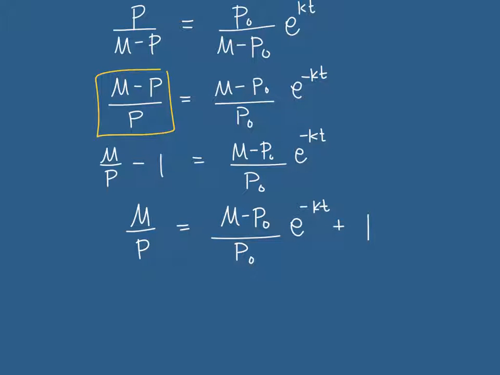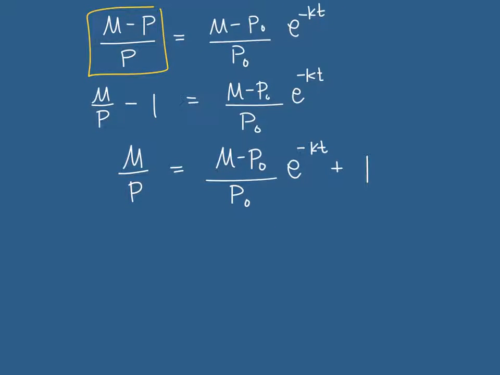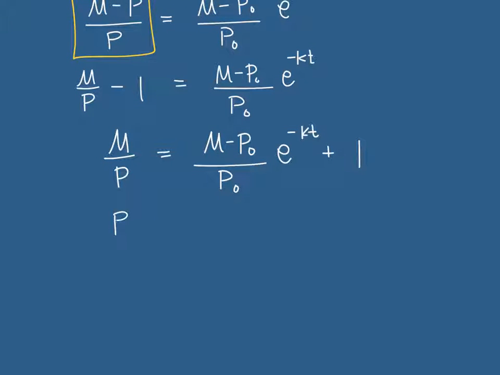Okay. Now how am I going to get this p by itself? Reciprocal again. Sure. You're going to do the same thing. So p over m equals. Now this time I can't just flip everything because I have addition.